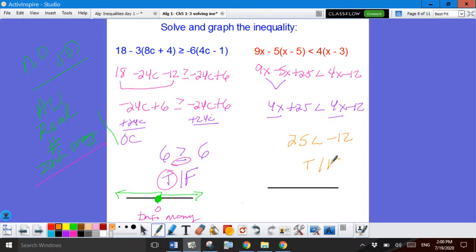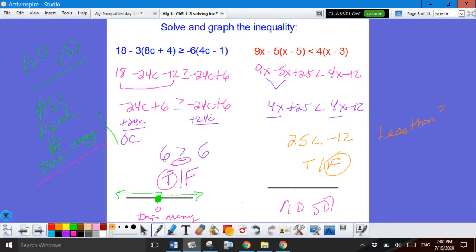Is that true or is that false? Is 25 actually less than negative 12? No, that is false. So since it is false, it is a no solution. So is it going to have a graph? No, there is no graph if it is no solution, because nothing's going to work there. There's no numbers that work if there's no solution. So those are our two special case scenarios.